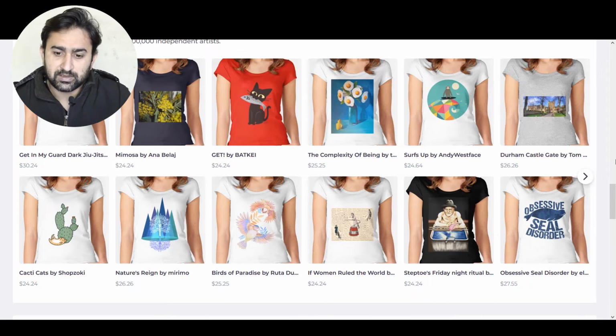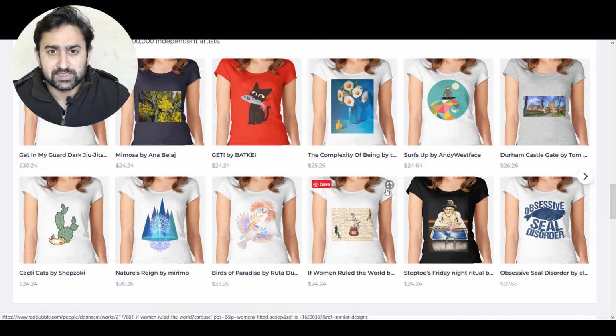The suggested designs or the upsells that Redbubble is trying to show you are a combination of three things. First, there's something that is related to the design that you are already seeing. The second thing is that some of these products are being shown from the same contributor, the same artist, the person who is selling the design.